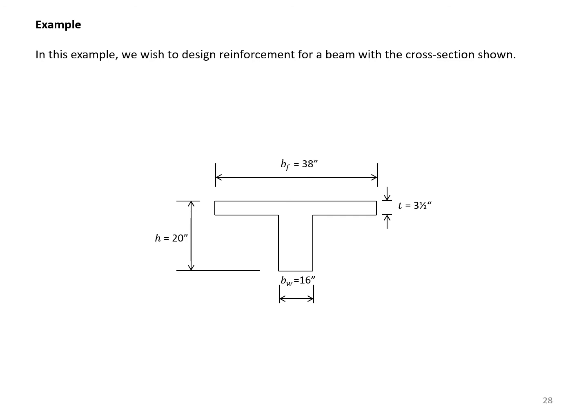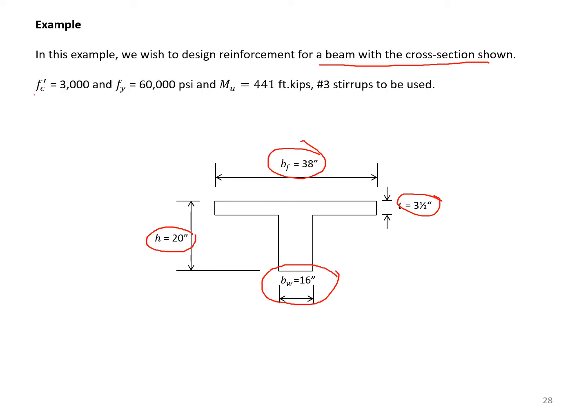Let's look at an example. In this example, we wish to design reinforcement for a beam with the cross-section shown. Let's examine this cross-section. The width is 16 inches, thickness of the slab 3.5 inches, Bf is 38 inches, and the overall depth of the beam is 20. See, the only thing we don't know is the area of steel.